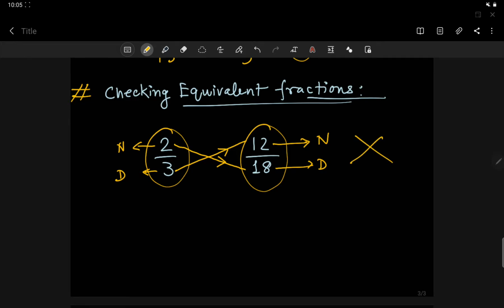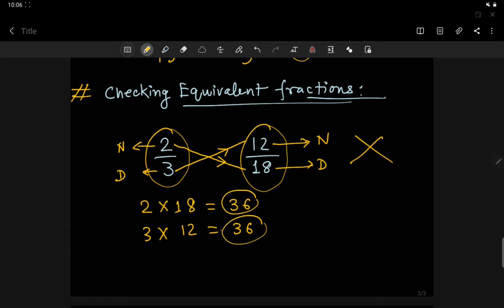That is multiplication. If you multiply 2 into 18, you will get 36, and if you multiply 3 by 12, it will be 36. Both values are the same, so they are equivalent fractions. So this is cross multiplication.